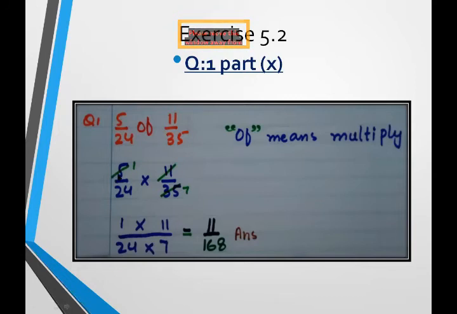First change of into multiplication and then start your solution. 5 and 11, 24 and 35. Check cross values. If cancellation is possible, do cancellation in the very first step or simplify your value.